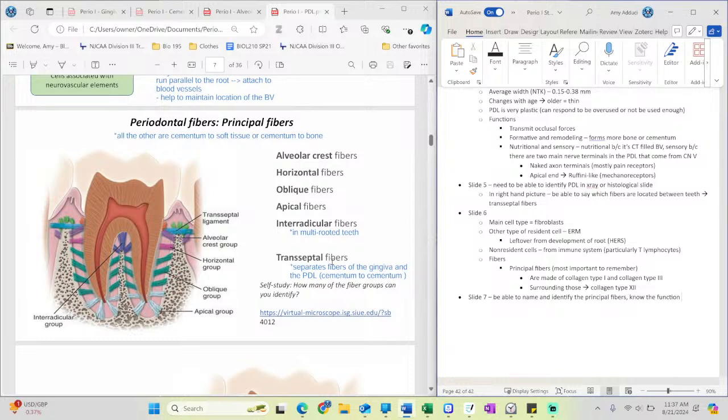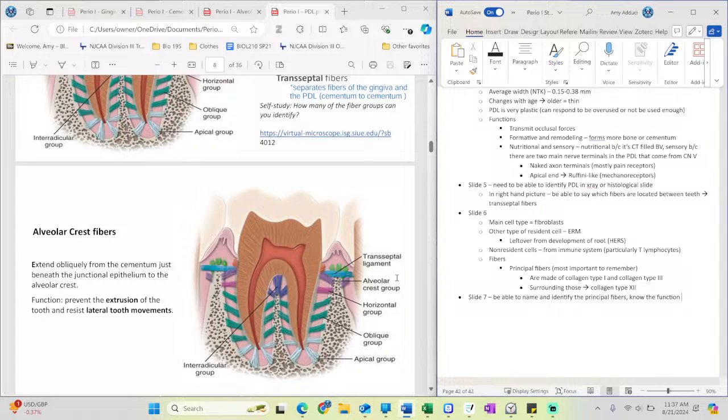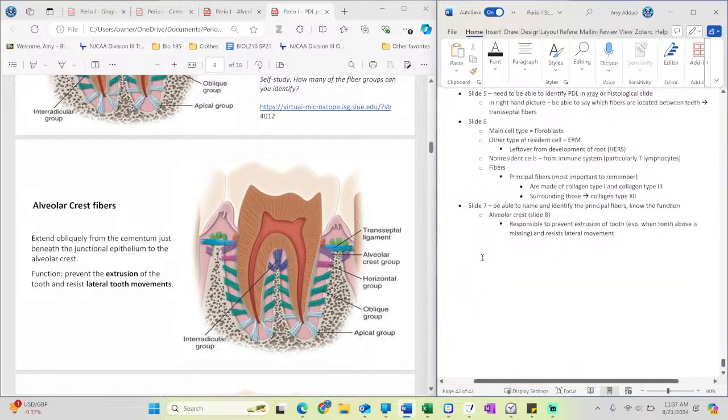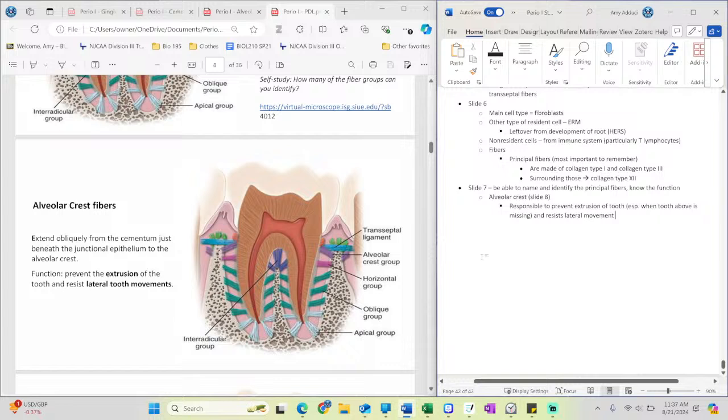So, for example, if we go one by one, the first group is the alveolar crest group, and they are responsible to prevent the extrusion of the tooth, particularly when the occlusal tooth is absent. Okay? They also help to resist lateral tooth movement. So you need to be able to name them, identify them properly according to location, and tell the function that each group does.